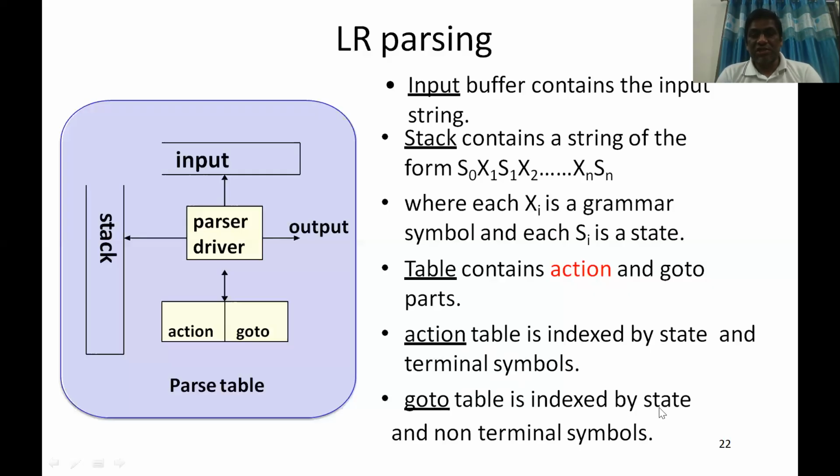So for the state and variable combination, we build the goto table. For state and terminal symbols, we build the action table. We'll see later how these tables will be built. If you can understand how to build this parse table, then you will be able to understand everything else. So the most difficult part of this entire thing is building this parse table.